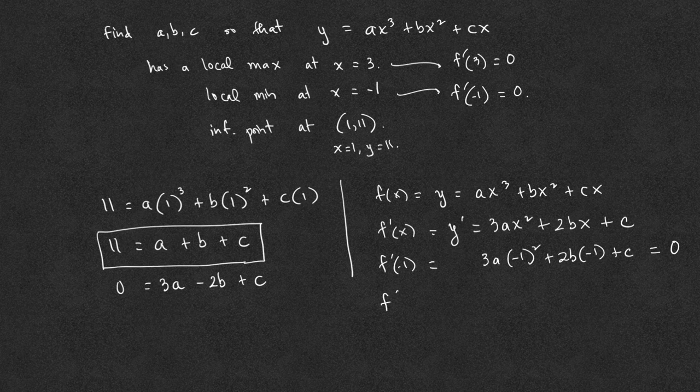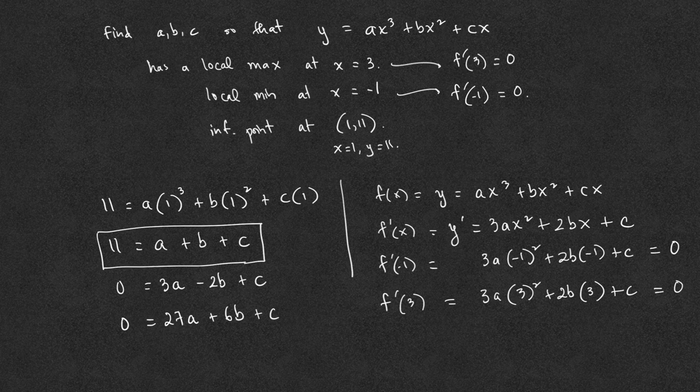If we plug 3 into the first derivative, we have 3a times 3 squared plus 2b times 3 plus c, and it needs to be 0 as well. So we obtain the third equation: 0 equals 27a plus 6b plus c.